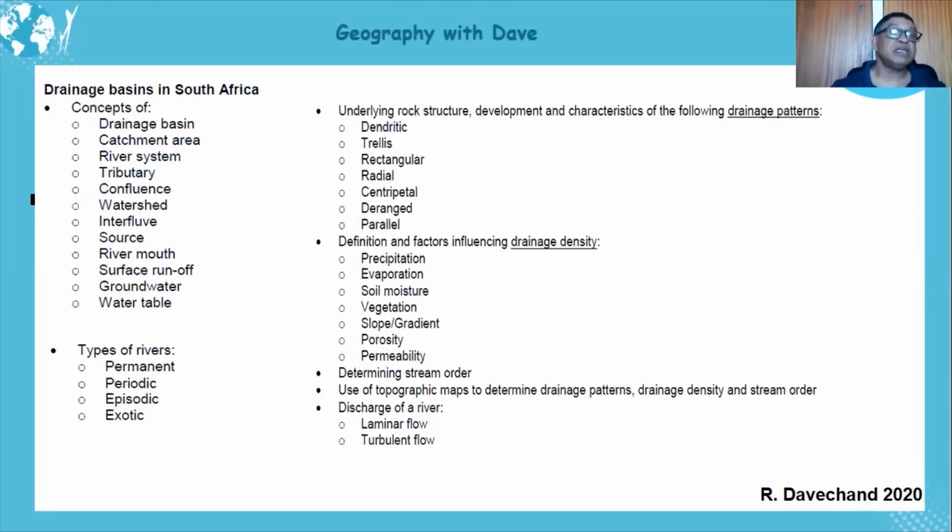So we're going to look at the concepts associated with the drainage basin, the types of rivers, the underlying rock structure, and the drainage patterns. We're going to look at drainage density, stream order, and discharge of a river. All right, so let's get going.